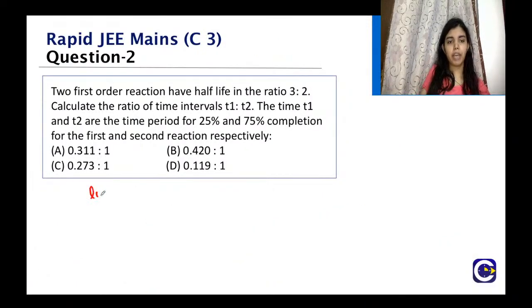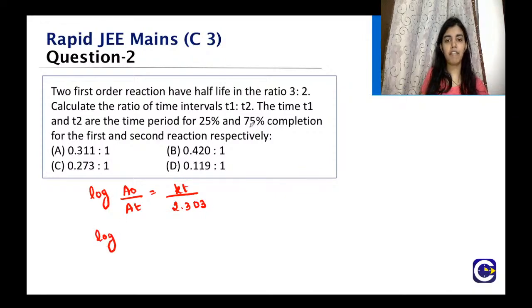For T2, again you write down log of A naught by AT will be equal to KT upon 2.303. So this will become equal to log of, now see here, T2 is the time for 75% completion of the second reaction.